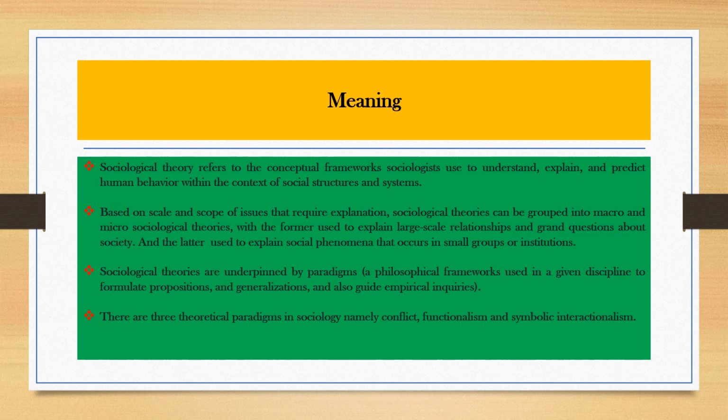We want to begin by looking at the meaning of theory and sociological theory in particular. The concept sociological theory refers to the conceptual frameworks that have been developed by sociologists and which sociologists use to understand, explain, and predict human behavior within the context of social structures, social systems, and social institutions.